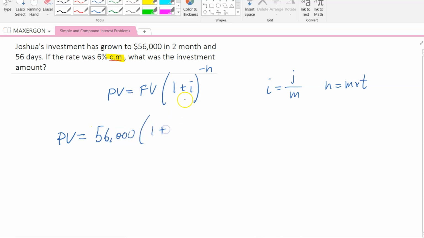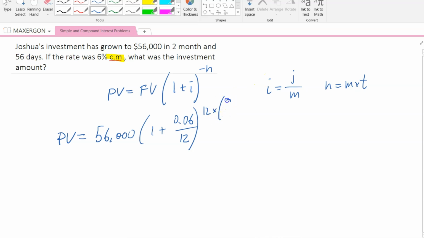56,000, 1 plus i, which is the periodic rate. It's 0.06 divided by 12 because we have 12 months in a year. So then following this formula here, n equals m times t. So m in this case is 12 times number of years. Now we need to convert 2 months and 56 days into years.